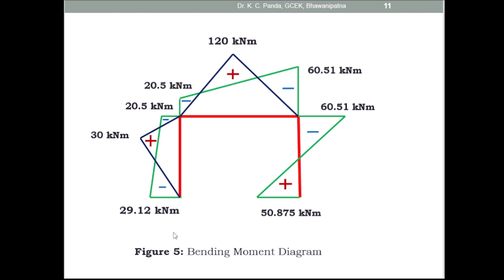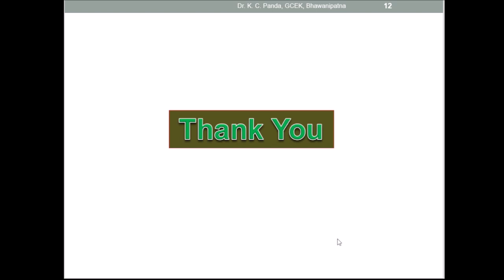So this is the complete bending moment diagram of the sway frame. Now all are clear how to solve the problem when the concentrated load is present in the horizontal member and in the vertical member.